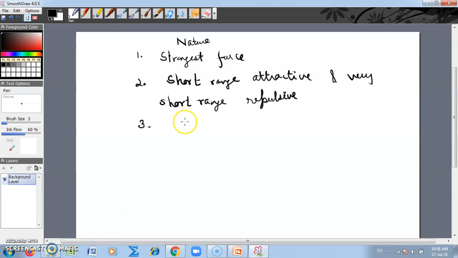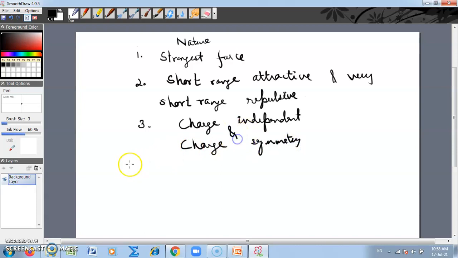Number three, it is charge independent. Some also add another point to this: charge symmetry. And I wouldn't like to name this as two different points. Actually, to me they are the same, but then you should know what is charge independence and what is charge symmetry.